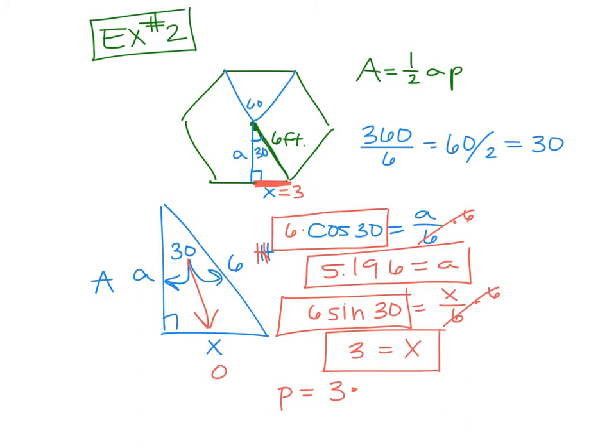However you need to think of it. That's 1, 2, 3, 4, 5, 6, 7, 8, 9, 10, 11, 12 times around, okay? So 3 times 12, or 36, is our perimeter.